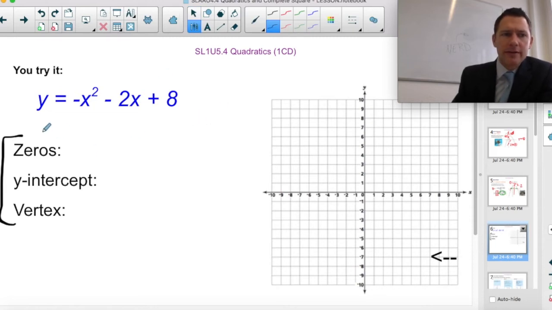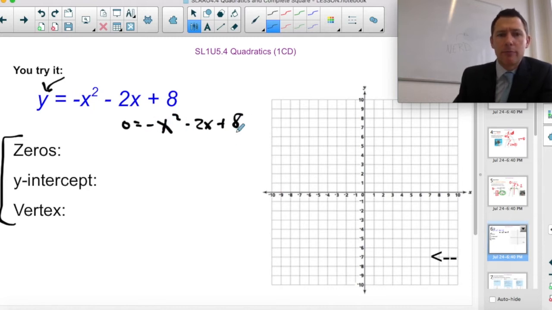Okay. So hopefully you said zeros occur when the y is 0. So you'd set this equal to 0, and you'd solve for x, factoring or whatever. I would multiply everything by -1 to get rid of all those negatives. It changes all the signs. This is 8, and then I'd probably factor it.